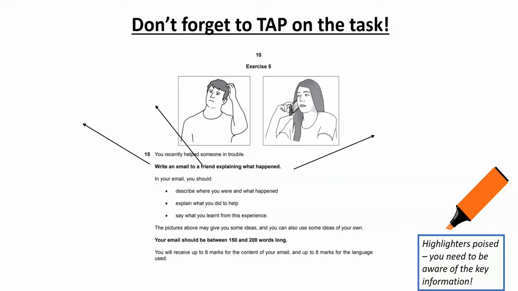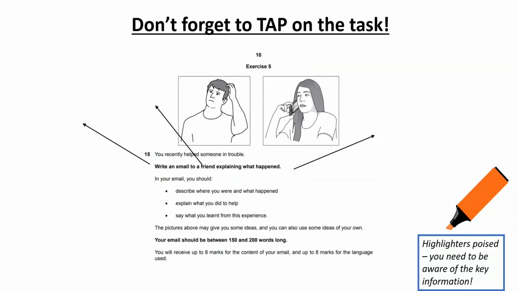Let's read exercise 5, and this is your typical question you would expect to see on a paper 2. You recently helped someone in trouble. Write an email to a friend explaining what happened. In your email, you should describe where you were and what happened, explain what you did to help, say what you learned from this experience.